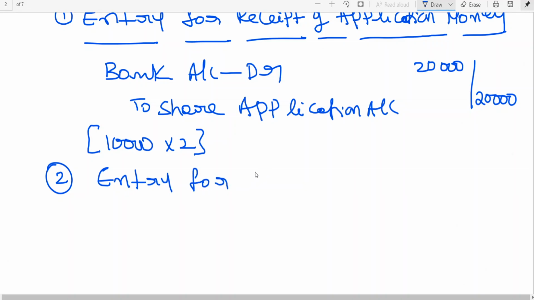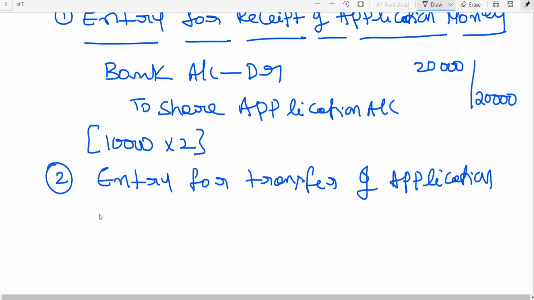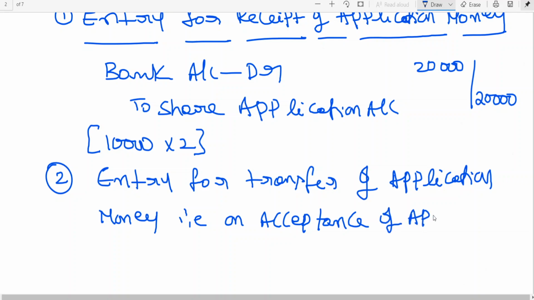Second entry. Entry for transfer of application money, that is on acceptance of application.